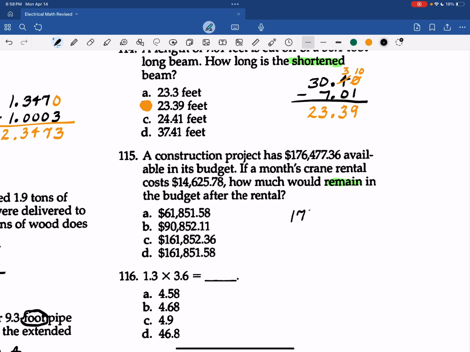So you have $176,477.36 to work with. You are renting a crane. I would not have dreamed that a crane would cost that. I guess for a month, that makes sense. Okay, so you have to borrow. Don't go wild. Just borrow as you need to.